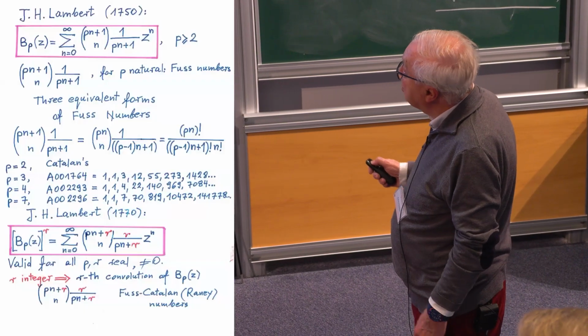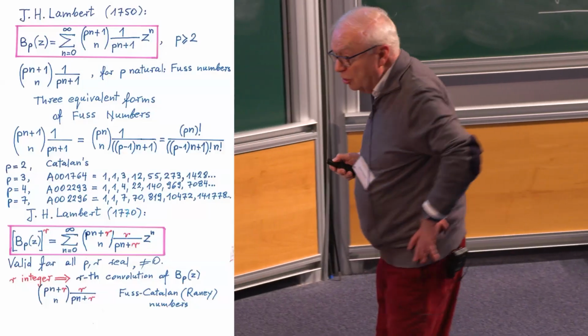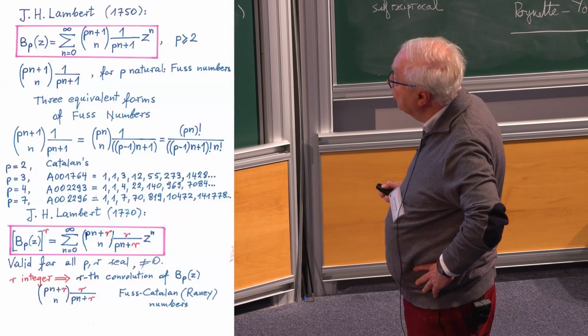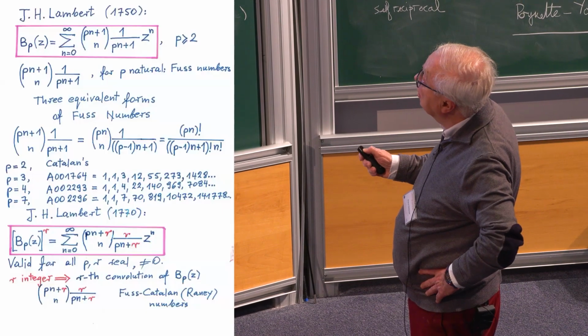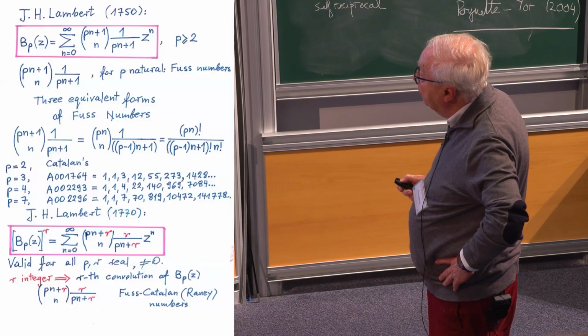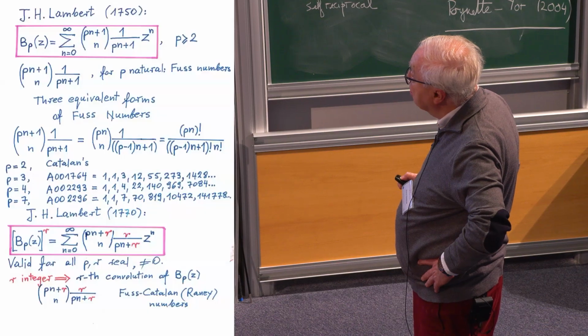And 20 years after formulation of this function, Lambert noticed some strange behavior, namely the rth power of this function has the property that the exponent r appears in 3 places.